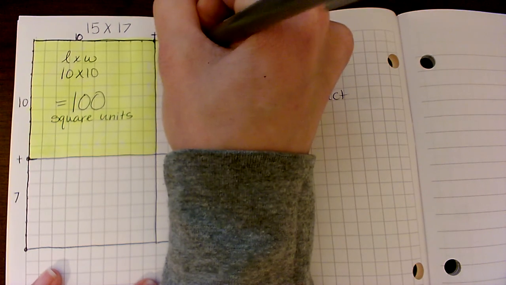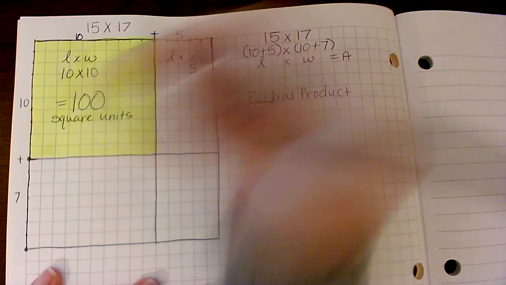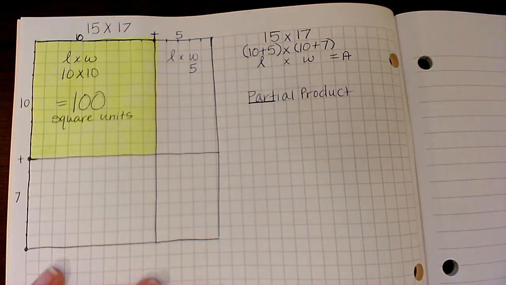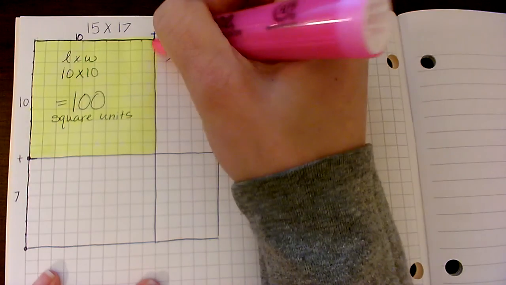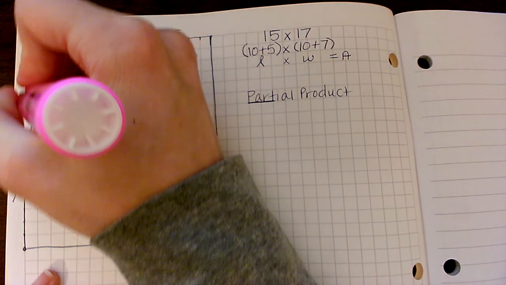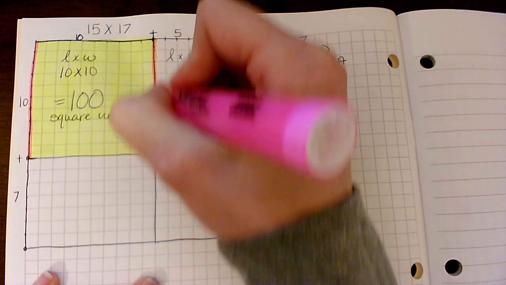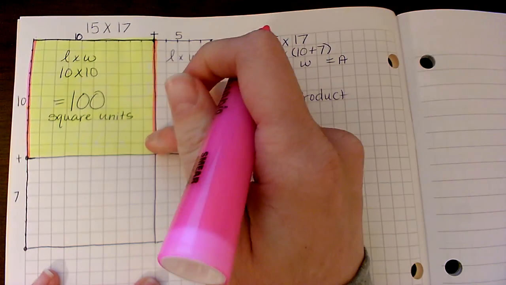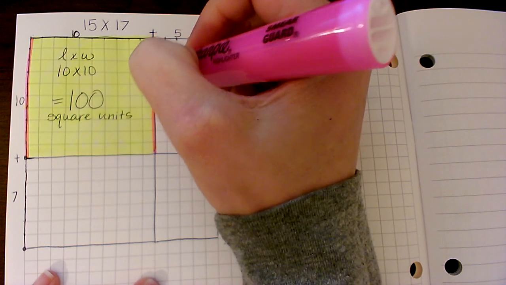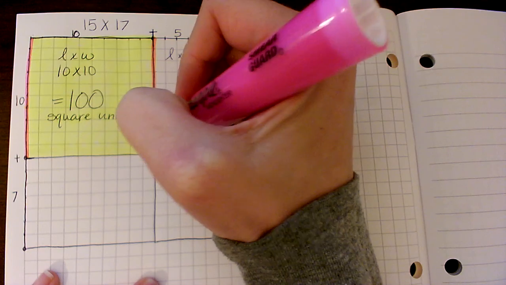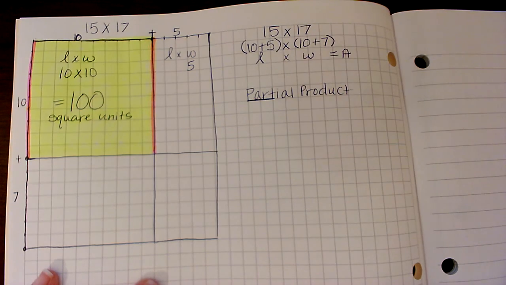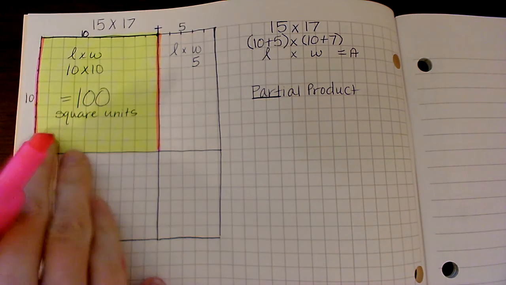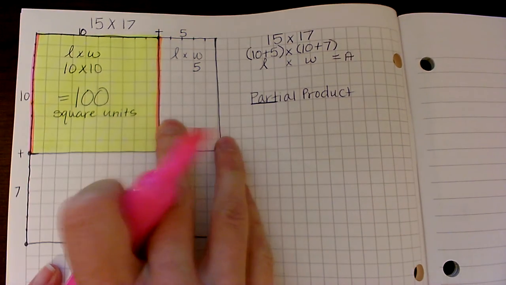So in my next rectangle, I know that up here is 5, so I know that my width is 5, but I have to think about how long this is. So this right here would be 10, since this is 10. And if you count it, you'll count 1, 2, 3, 4, 5, 6, 7, 8, 9, 10. That's just the definition of a rectangle. If this side length is 10, then this side length is 10.